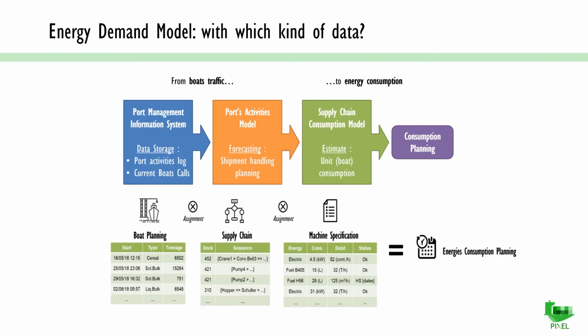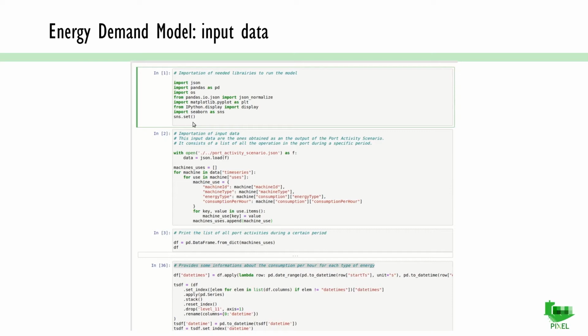Our goal is to obtain a list of ordered port activities. This sounds good, since a specific model called Port Activity Scenario has been developed in parallel in Pixel. So, if we use the output of this Port Activity Scenario model, we will have everything we need to give you all results related to the energy consumption of port activities.